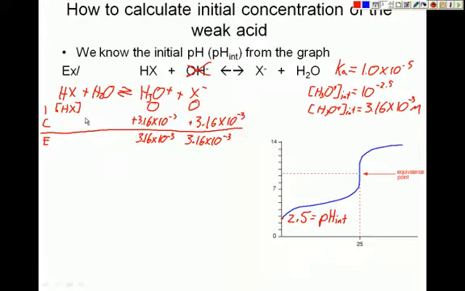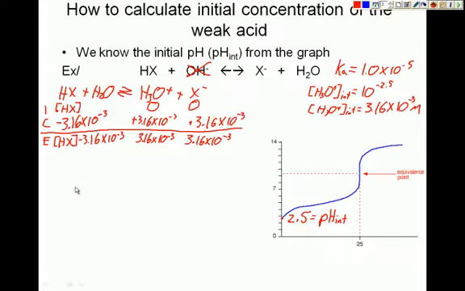Since it had to shift right, HX had to decrease by 3.16 times 10 to the minus 3, and at equilibrium, our concentration of HX is equal to HX minus 3.16 times 10 to the minus 3.